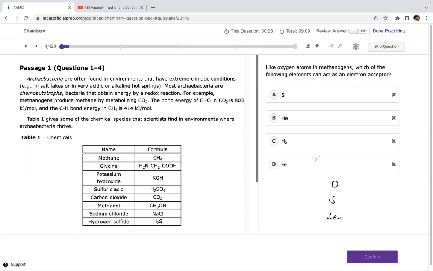So now you can see iron is not in the same group as oxygen, hydrogen as well, helium as well, only sulfur. So we can say sulfur. Why? Because they have lone pairs. Oxygen has 2 lone pairs, so sulfur also has 2 lone pairs, and that can be an electron acceptor. So the answer should be A.